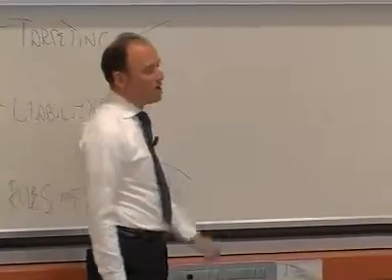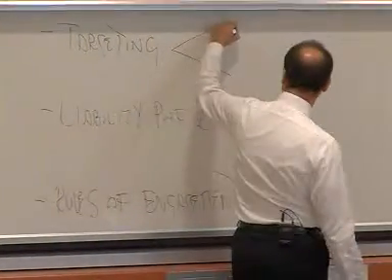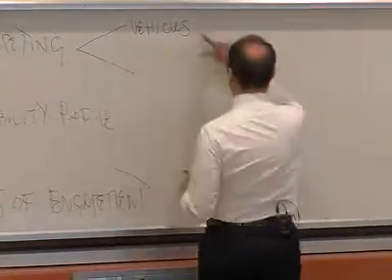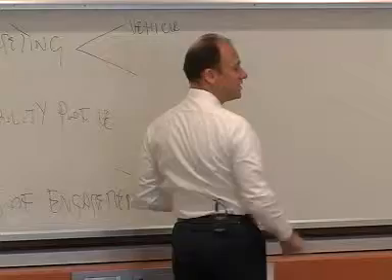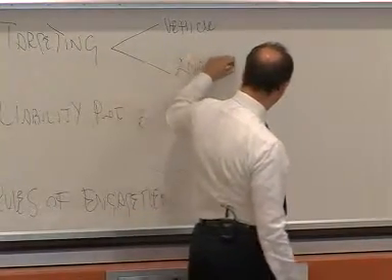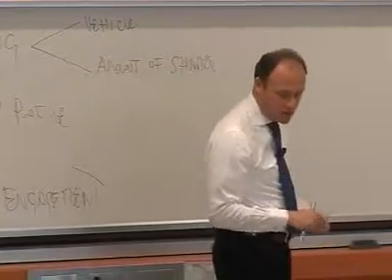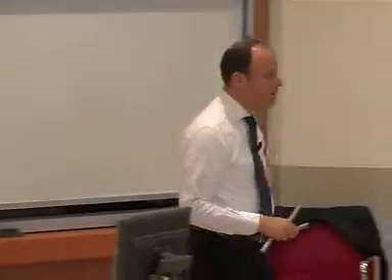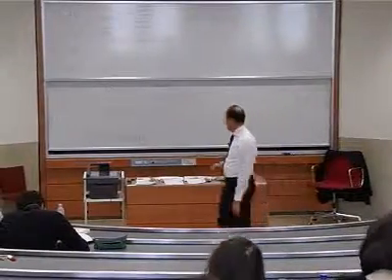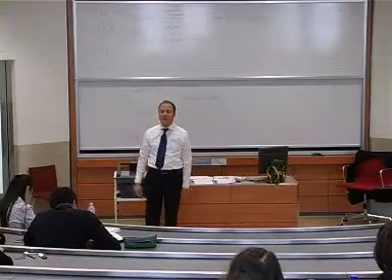Targeting means 2 stories, and the 2 stories means vehicle in which we invest, and second, amount of share. So we have these 2 problems. We have to identify the vehicle in which we invest, and we have to fix the amount of share. These are the 2 problems of targeting.